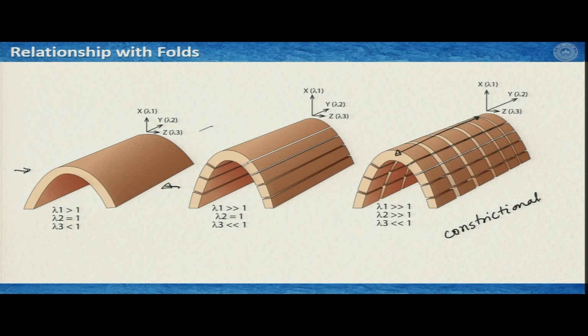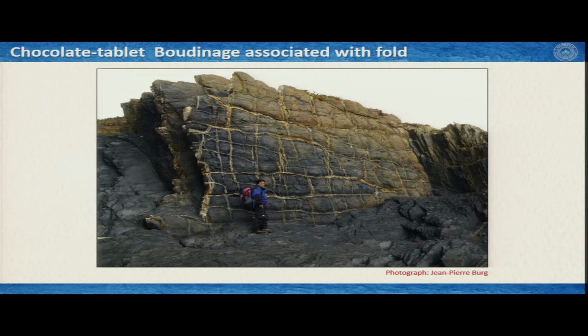Then you form the Boudinage in this direction and also in this direction, either simultaneously or one after another, and this is again a chocolate tablet Boudinage associated with folds, and I have a very nice example for you.